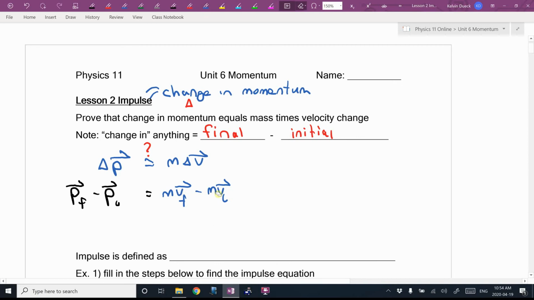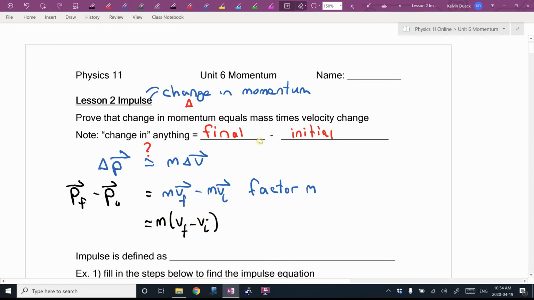This is the format that we'll often end up with. Final minus initial, final minus initial. But I want you to notice I can turn it into this format here because there's an m in both terms. I can factor out an m by GCF. And if I do that, I'll get m bracket v final minus v initial.